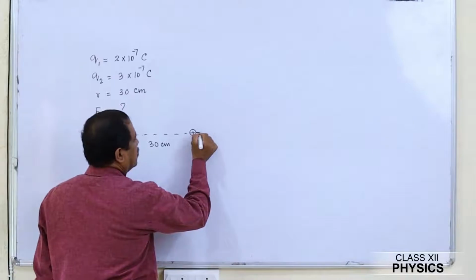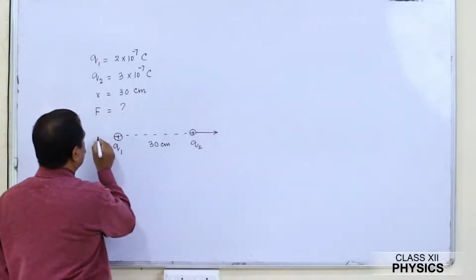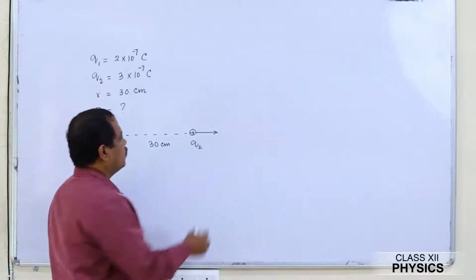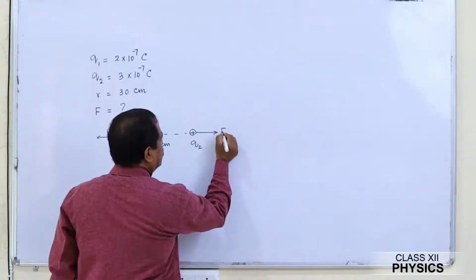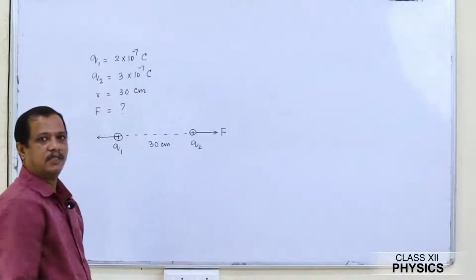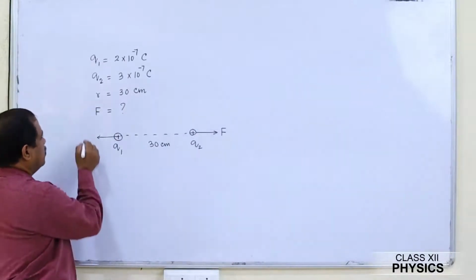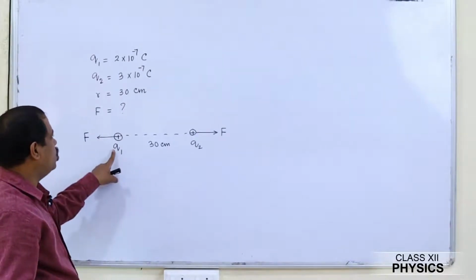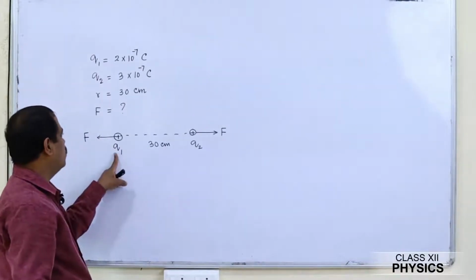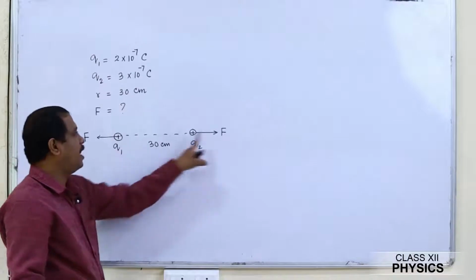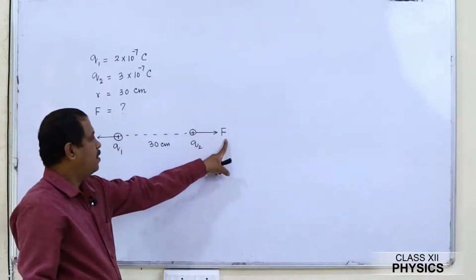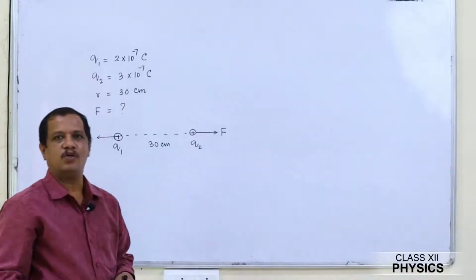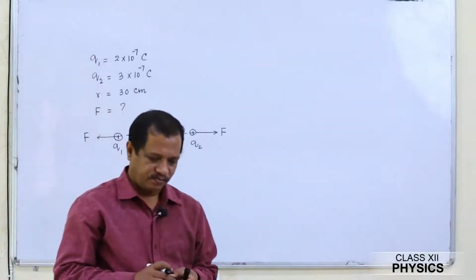The Coulomb force is a central force, as you have studied. And if this is the central force, then this will be the force of repulsion experienced, let me say F. Also you know conceptually that the force experienced by Q1 due to Q2 will be equal to the magnitude of the force experienced by charge Q2 due to Q1, and the directions of the two forces will be opposite.